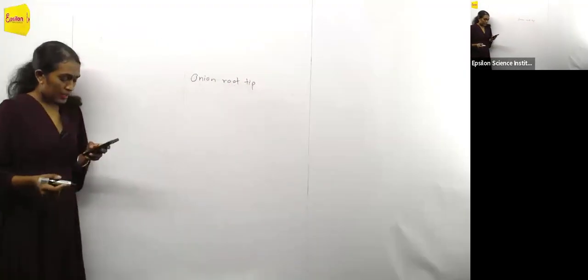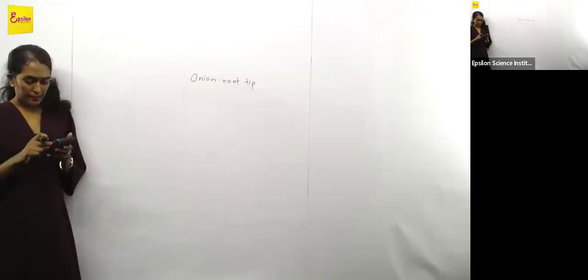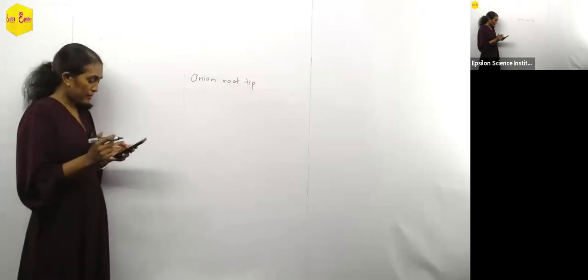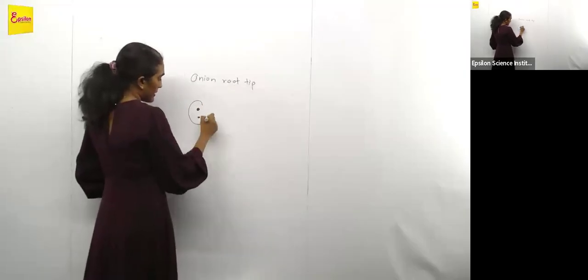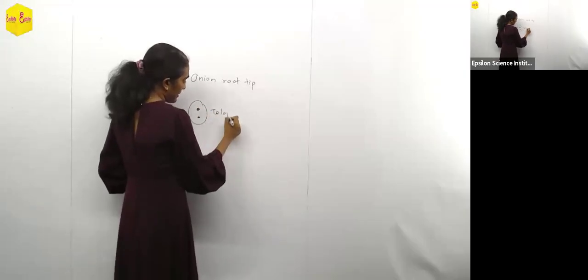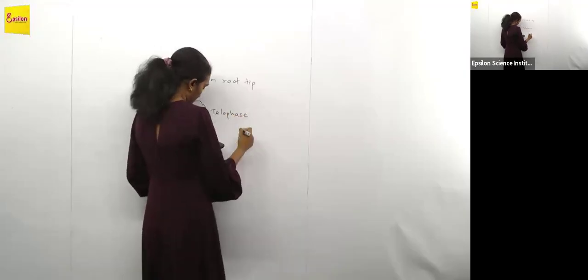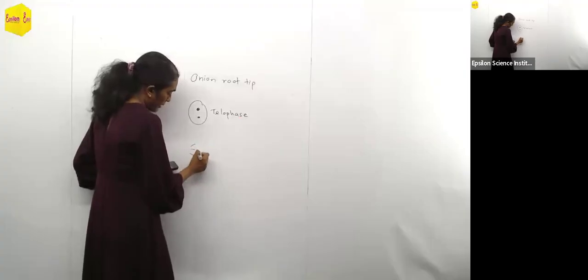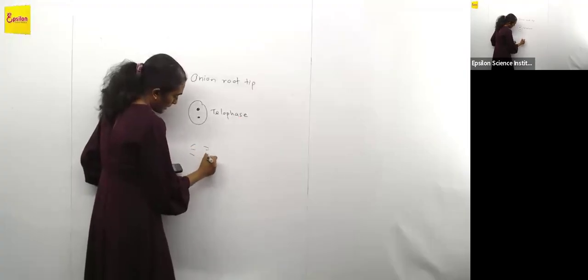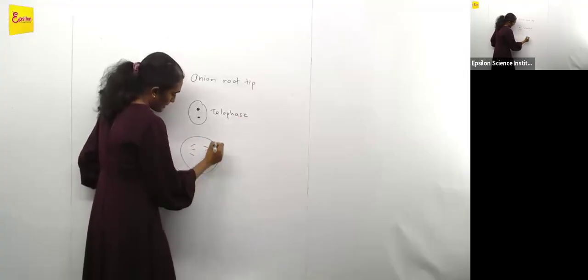Then next question, you can identify a few stages. If one cell contains two nuclei like this, that is telophase. If a cell contains chromosomes like this, that is anaphase.